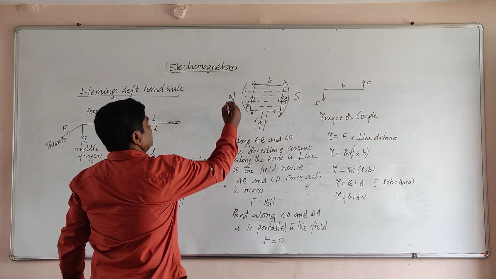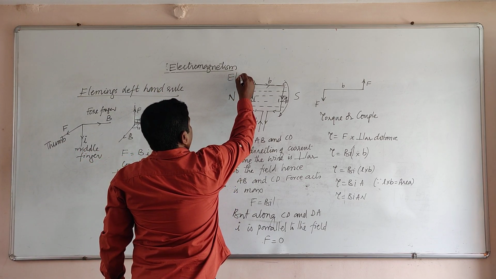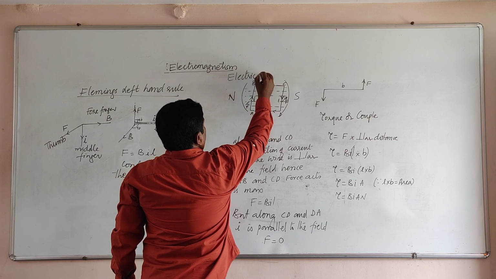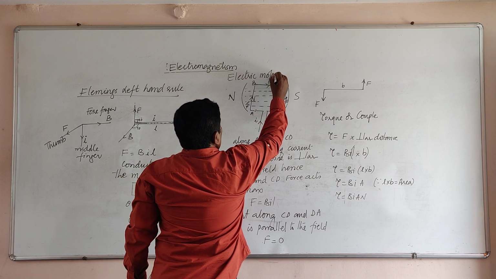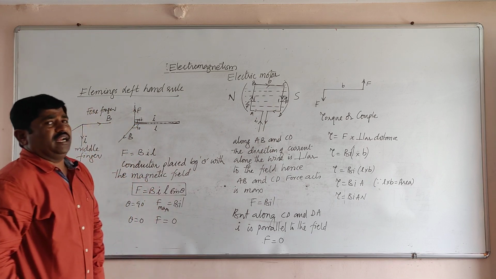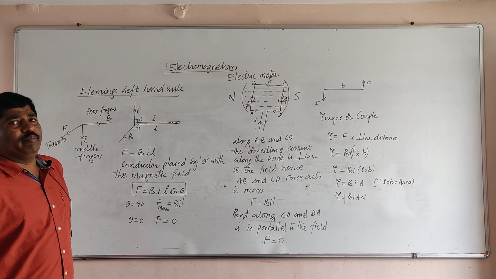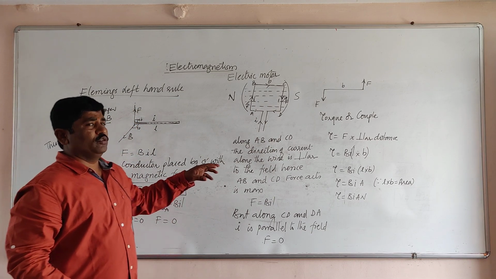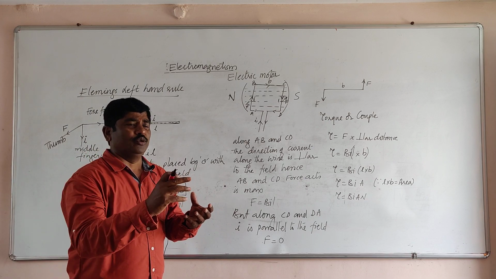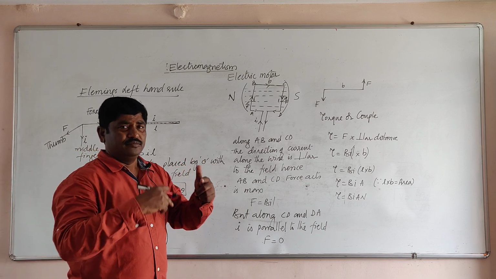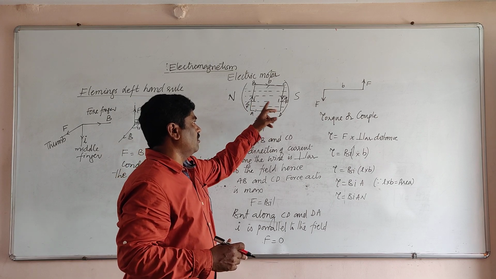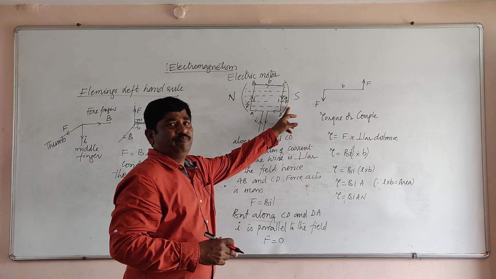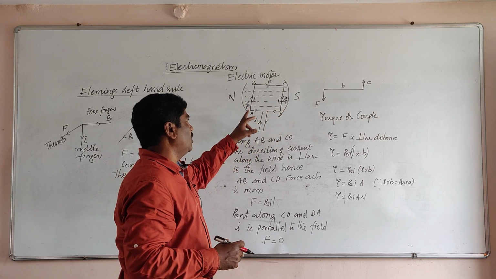And how does the electric motor work? An electric motor converts electrical energy into mechanical energy. So in a fan, we input the electric energy and it has a rectangular armature which rotates in between the magnetic poles.